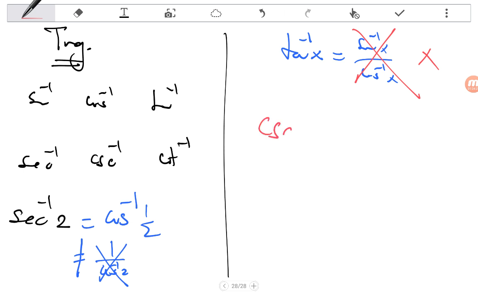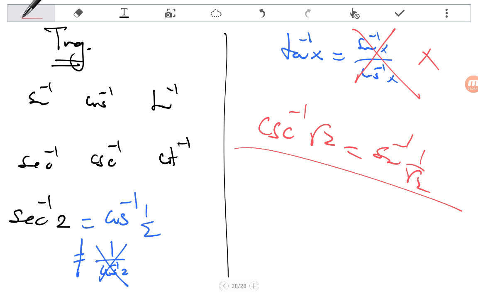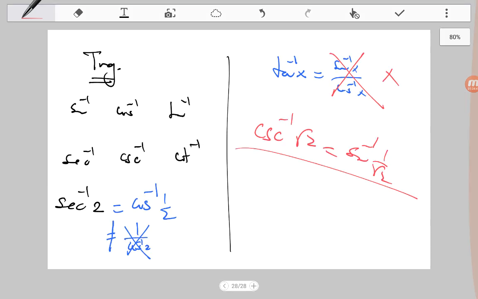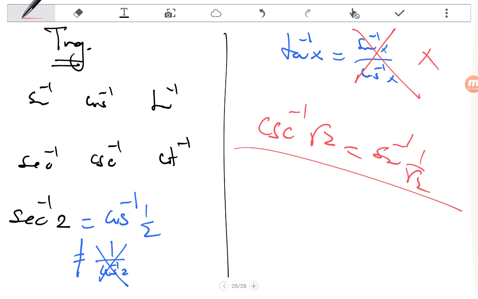If I needed cosec inverse of root 2, how would I calculate it? If you understood what I have said, yes, it is sine inverse of 1 over root 2. Yes, correct. That's exactly what happens for the hyperbolic. If I needed, for example, to find cotangent inverse of 3, what is it?